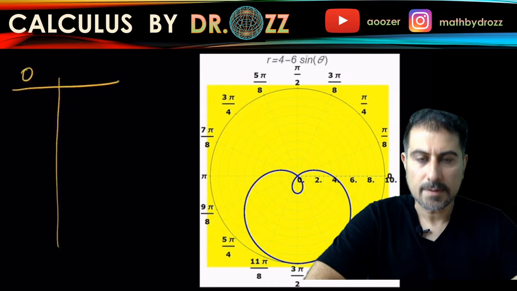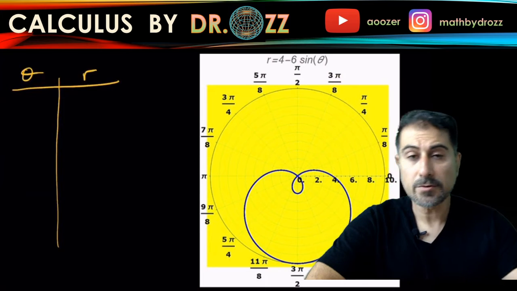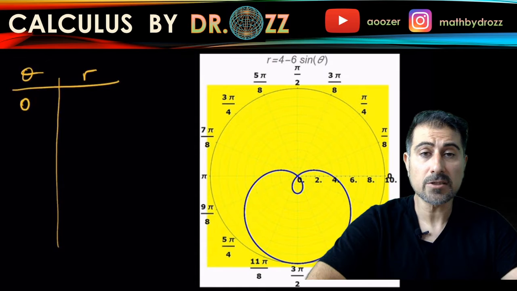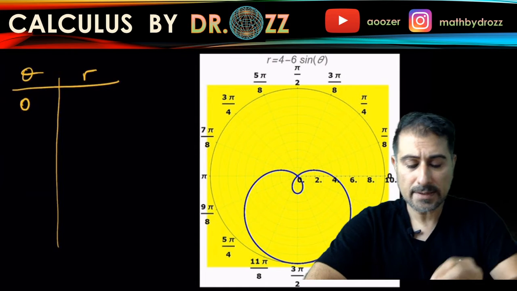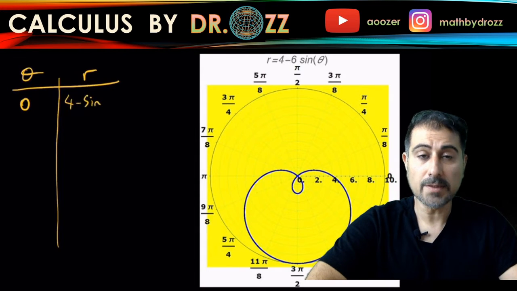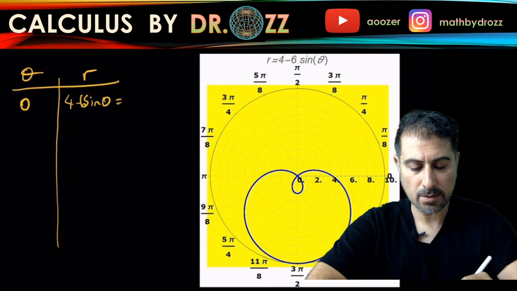All right, let's get the theta and r values. Let's start with theta equals 0. Have your unit circle and calculator with you, because we're going to do function evaluation here. We're looking at 4 minus 6 sine 0. Sine 0 is equal to 0, so you should have this to be 4.